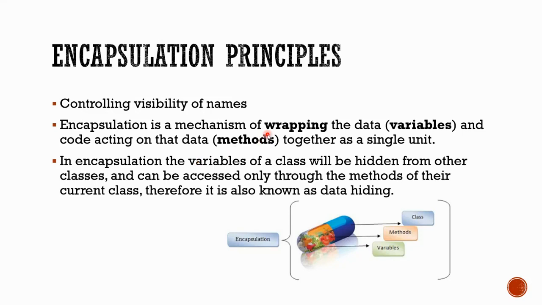Since an object controls the visibility of its items, I mean properties and methods, and provides a kind of API for the outside world that reveals the behavior of the object. To ensure proper encapsulation, all data in a class must be hidden from other classes, and communication can be made through methods. Therefore, it's also known as data hiding.